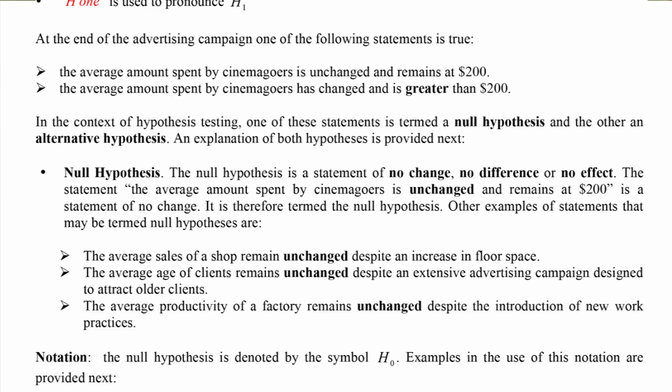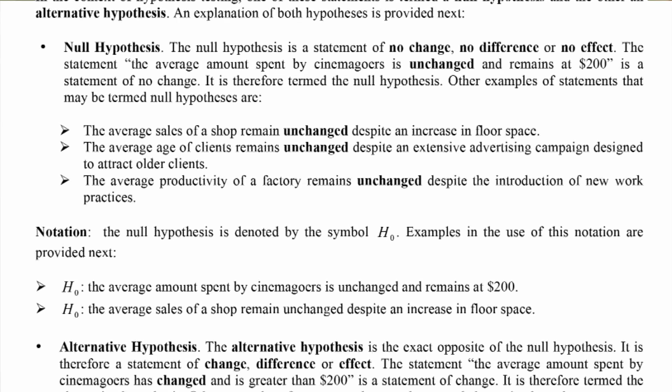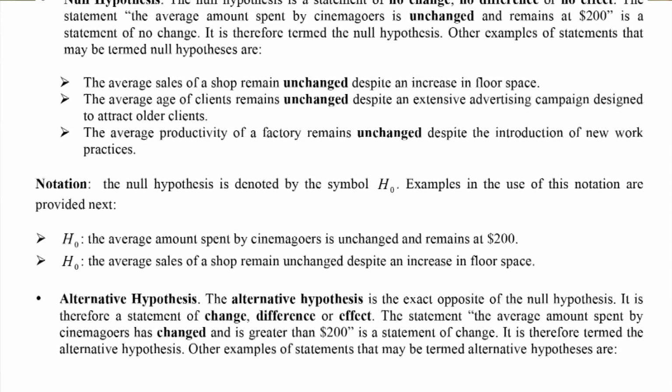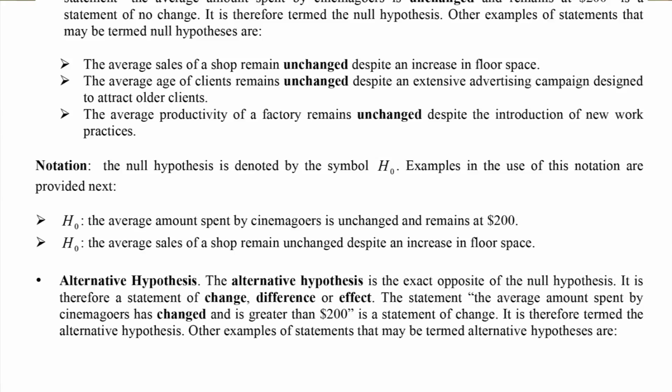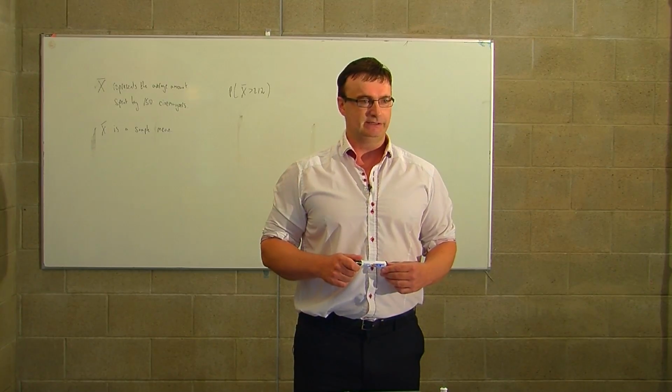The average sales of a shop remain unchanged despite an increase in floor space. The average age of clients remains unchanged despite an extensive advertising campaign designed to attract older clients. The average productivity of a factory remains unchanged despite the introduction of new work practices.